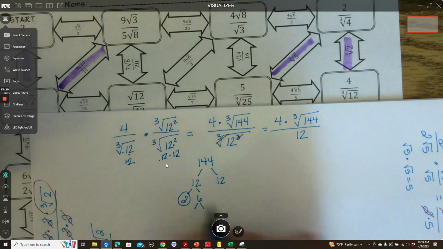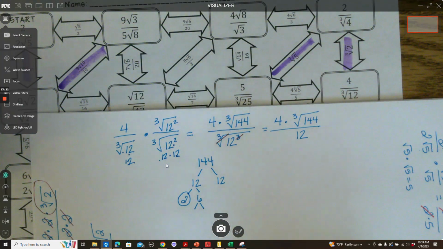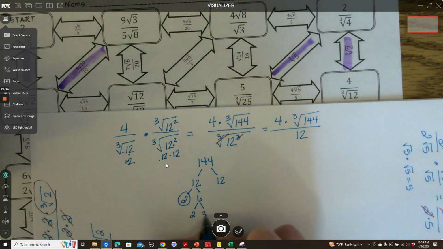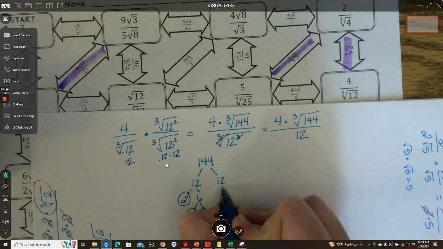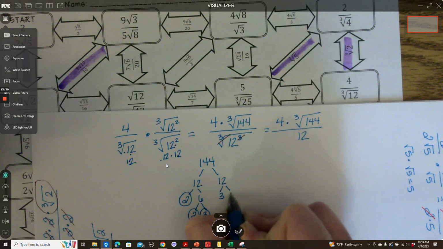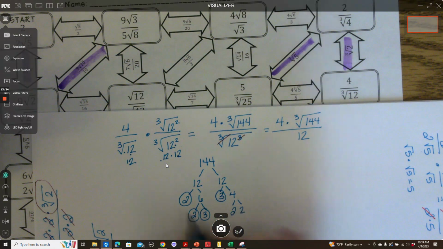And then what 2 numbers multiply to give me a 6? 2 and 3. And those are both prime. Even if I pick 3 and 4, it would still be the same factors. 2 times 2 times 3. 2 times 2 times 3.